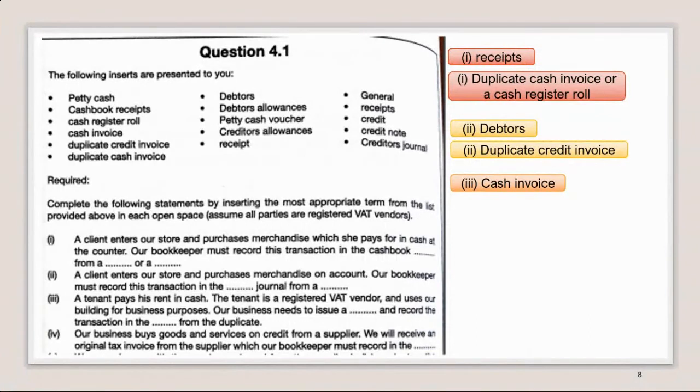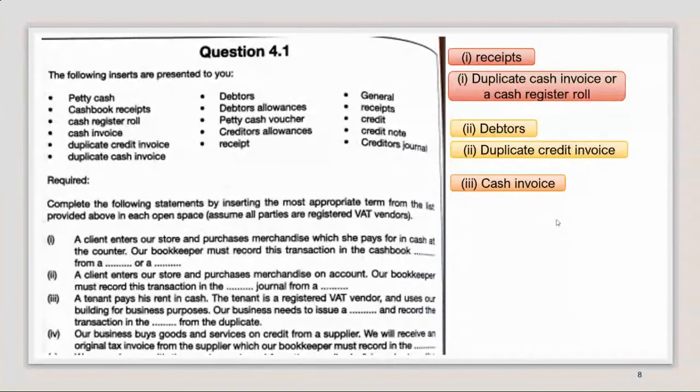Now remember, if we've got a cash invoice, we would record that transaction in what cash journal? Which one of the two cash journals would you expect to see it in? Lino says the cash book receipts.